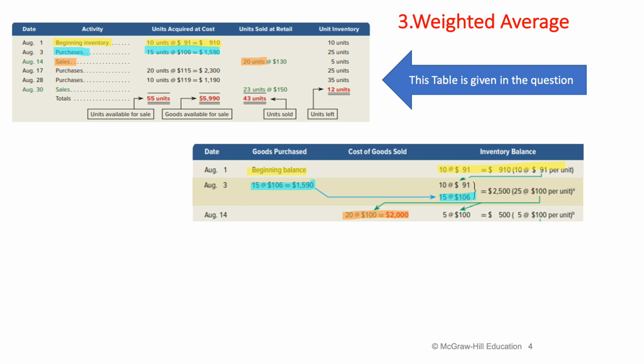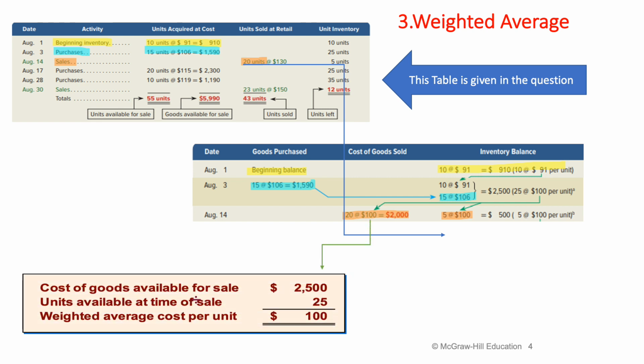Now, how did I get 100 here? To calculate it, I'm going to take the cost of goods available for sale, which is the inventory balance of August 3rd, 2,500, and divide it by the units available for sale.